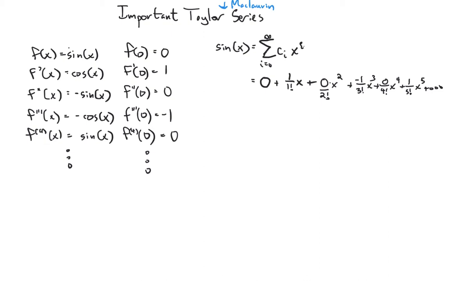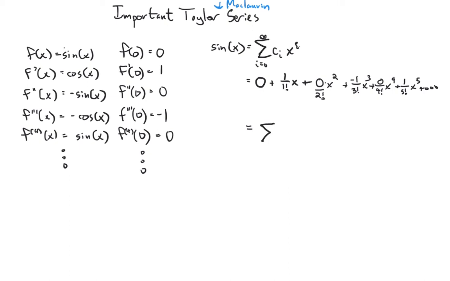We just need to be able to come up with a nice way of writing this. So let's think about this. Well, we only care about odd terms. Just as a quick reminder, an odd number is always of the form 2 times any number plus 1. So 2n plus 1. So we're going to use that idea.